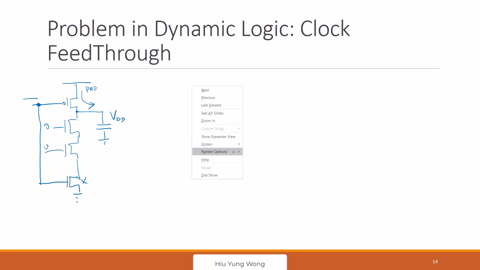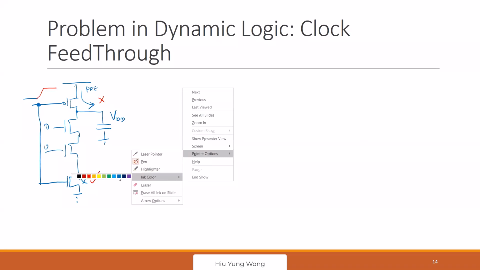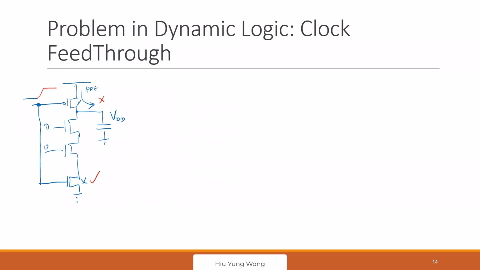And what happens after that? You want to evaluate. When you evaluate, this one turns on and this one turns off. This was off, but this was on. 1, 1, 1. And at this state, this is at VDD, correct?